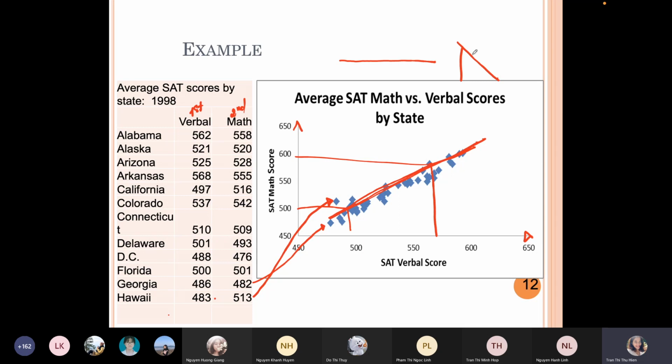So in this case, it is a negative relationship, and in this one, it is a positive relationship. Okay. Is this clear to you for the scatter diagram? Yes. Okay.